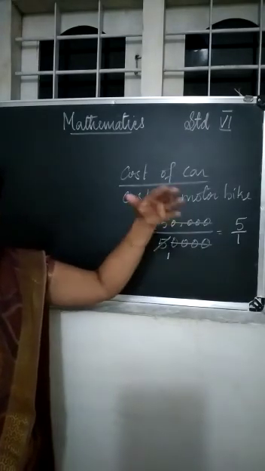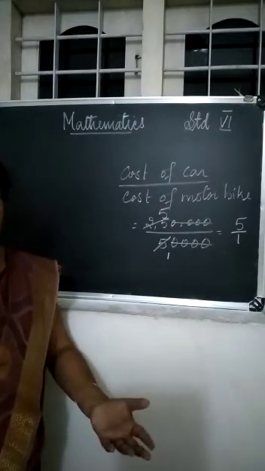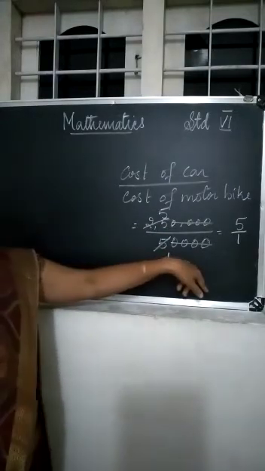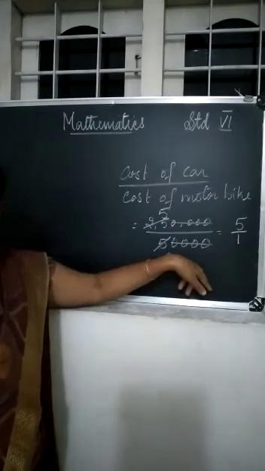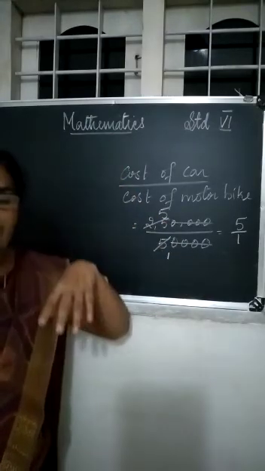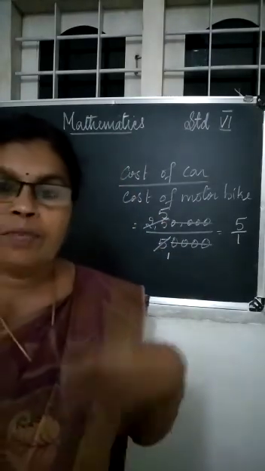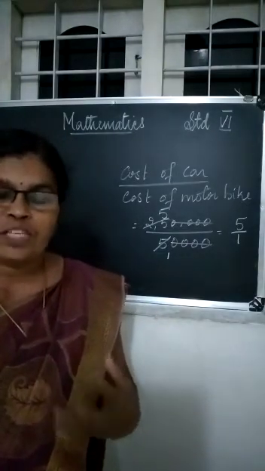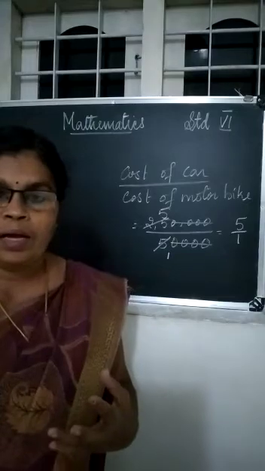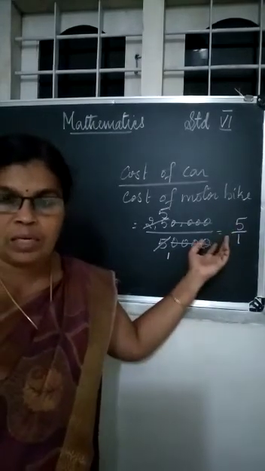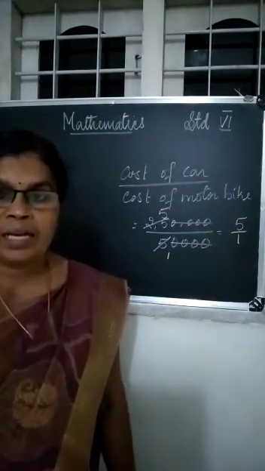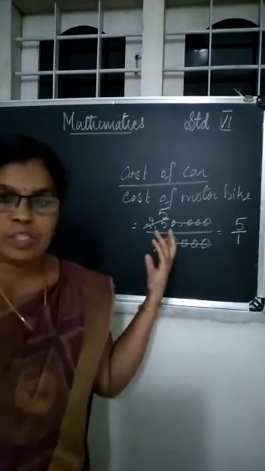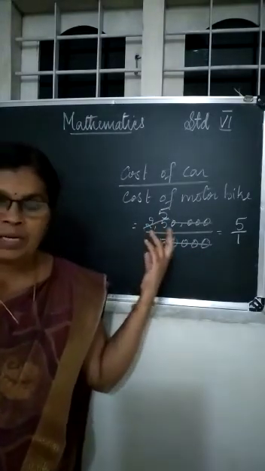But in the first case, by difference, we got 2 lakh. Which method is good for you? I think this division method is clearer than the previous method, that is finding the difference.